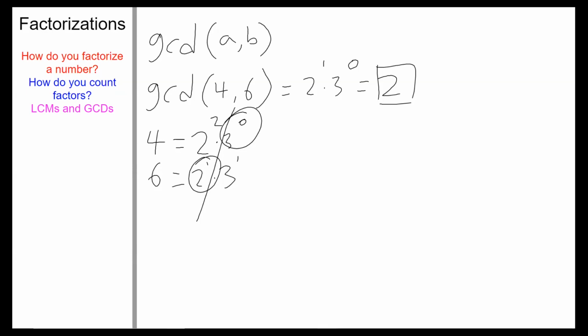So just like with common multiples, there's a least. With common divisors, there's a greatest. 2 is the greatest common divisor, which means there's no number above 2 that would evenly go into both 4 and 6.